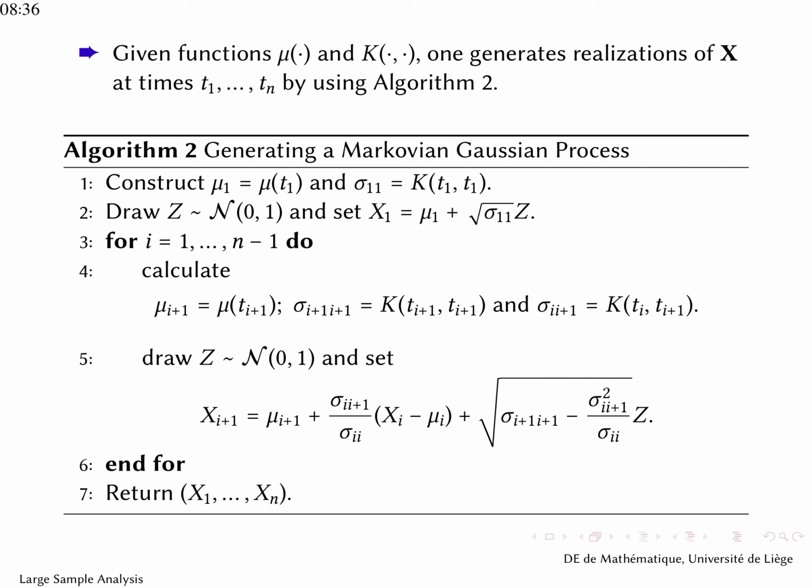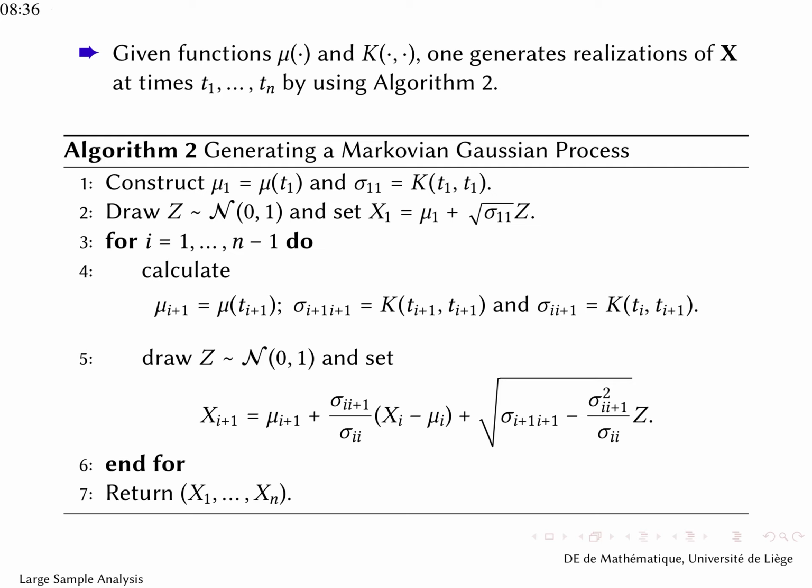So we start with the first time point t1. We calculate the mean at t1 and sigma 1, so the variance at t1. We draw an observation from a standard normal univariate distribution, and then x1 will be mu1 plus the root of sigma 1, so the standard deviation times this value for z.